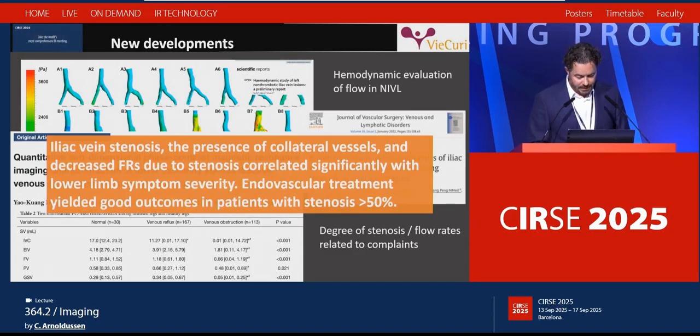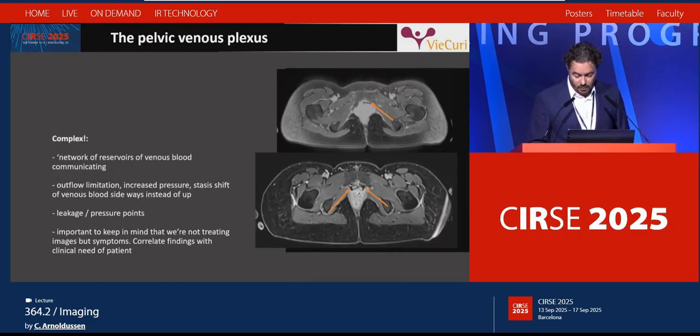And what they found was a nice correlation, or at least a potential correlation, between the degree of stenosis, the decrease of the flow rate, and the effect of treating these patients endovascularly. If you had both more than 50% stenosis and evident decrease of the flow rate, treating the stenosis was most effective in these patients.